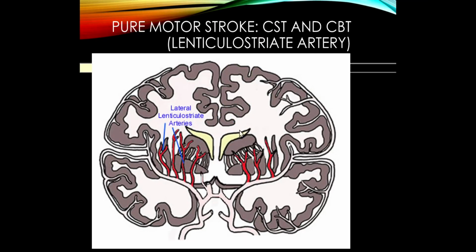First of all, notice we have the middle cerebral artery here going through the Sylvian fissure, supplying the lateral hemisphere of the brain. And off of the middle cerebral artery, we've mentioned that there are these penetrating branches, the lenticulostriate arteries. And these arteries supply the motor fibers in the posterior limb of the internal capsule and also in the genu.